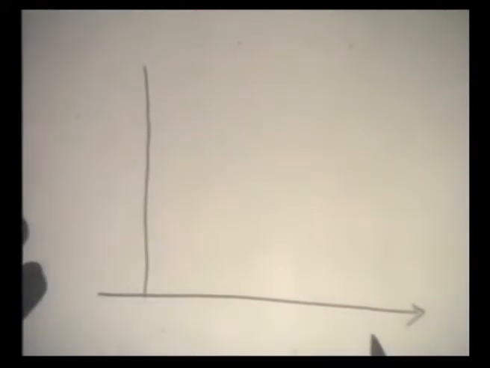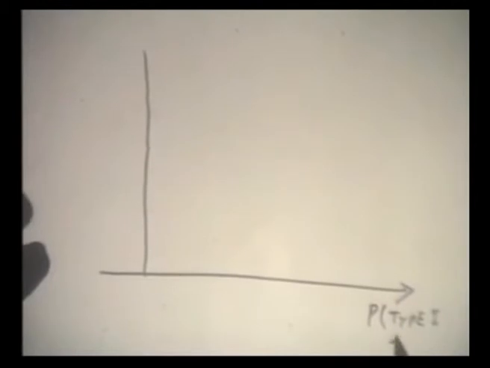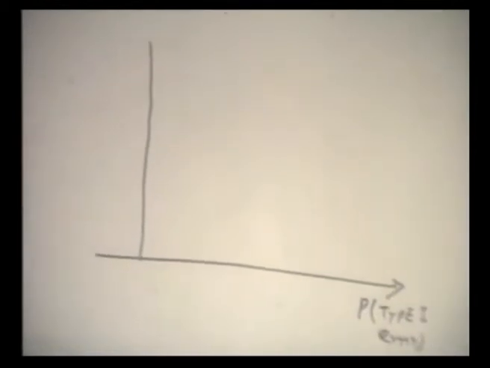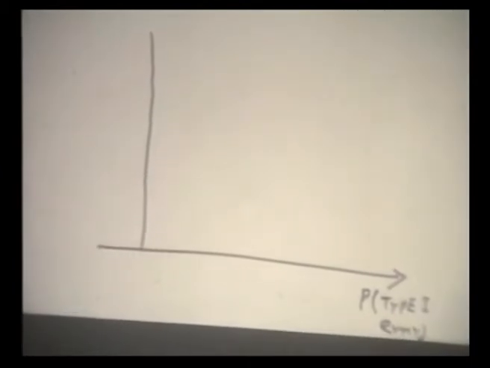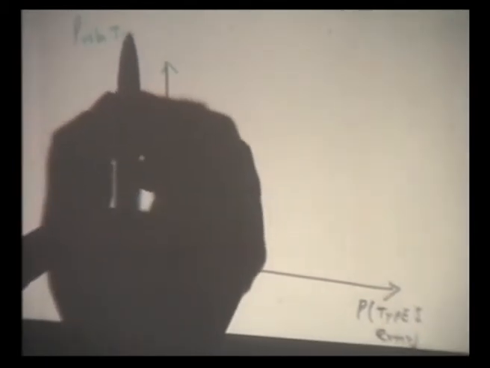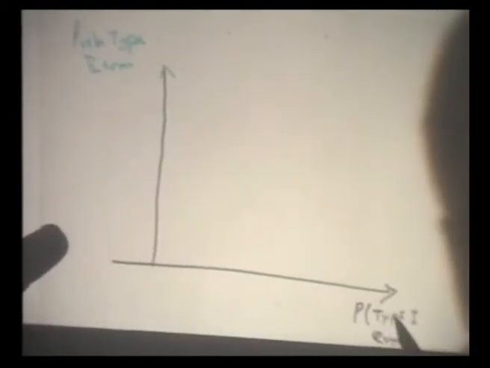What goes wrong in the traditional Neyman-Pearson framework? Okay, very quickly. If you choose a procedure, this is your probability of type 1 error, and this is the probability of type 2 error. And as you decrease one probability, the other is going to increase.